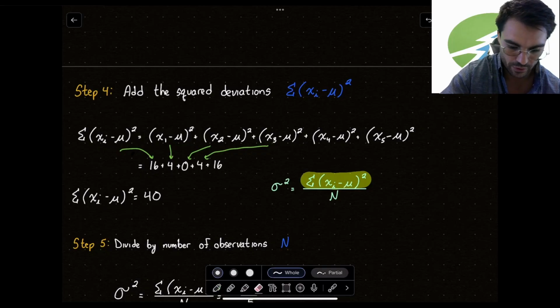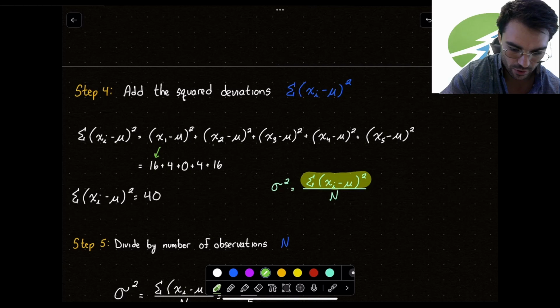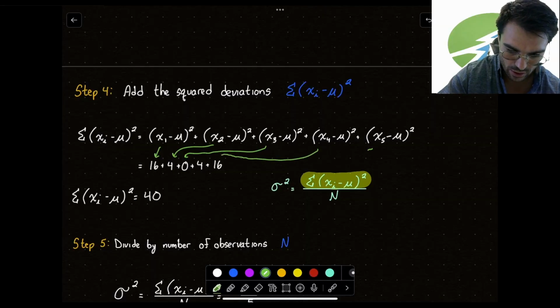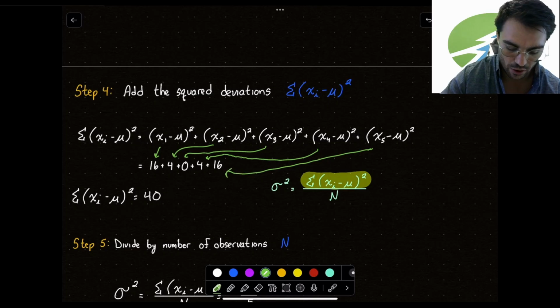Oops, I'm off here. Let's fix this. There we go. This is that number, this is that one, this is that one, this is the 4 there. And actually, let's stay consistent. This is that one there, and then this is our 16, okay?